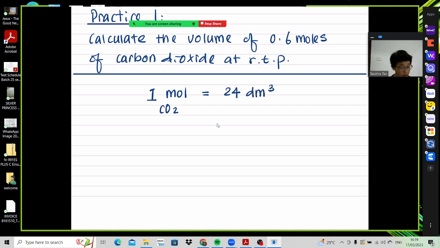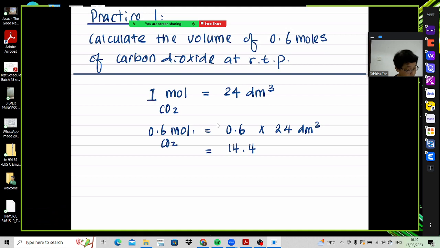Alright, so now that they have 0.6 moles of CO2, how much would they occupy? What you need to do is just multiply 0.6 onto the 24 dm cube. Got it? And just punch the calculator. 0.6 times 24, what do you get?